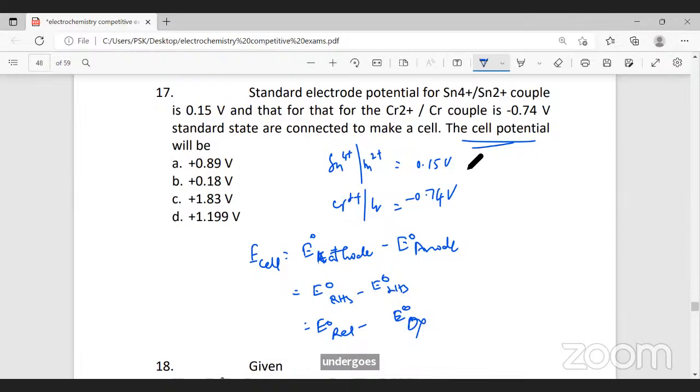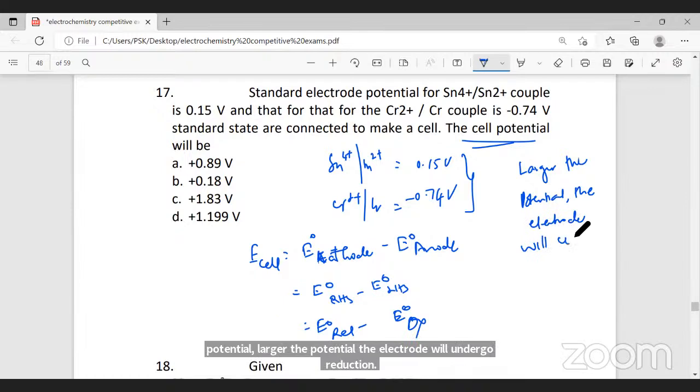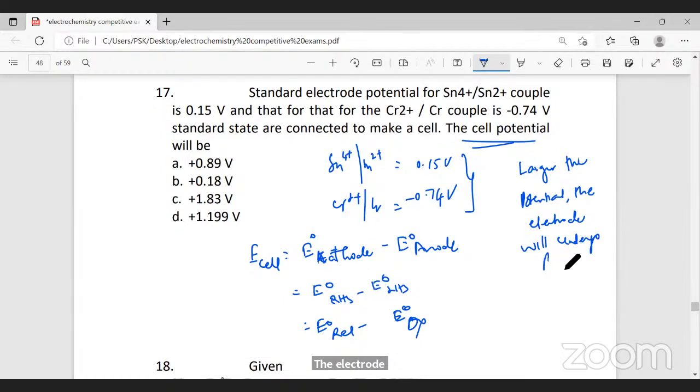We don't know which is undergoing oxidation and reduction here. You should remember this point: the larger the potential, the electrode will undergo reduction.